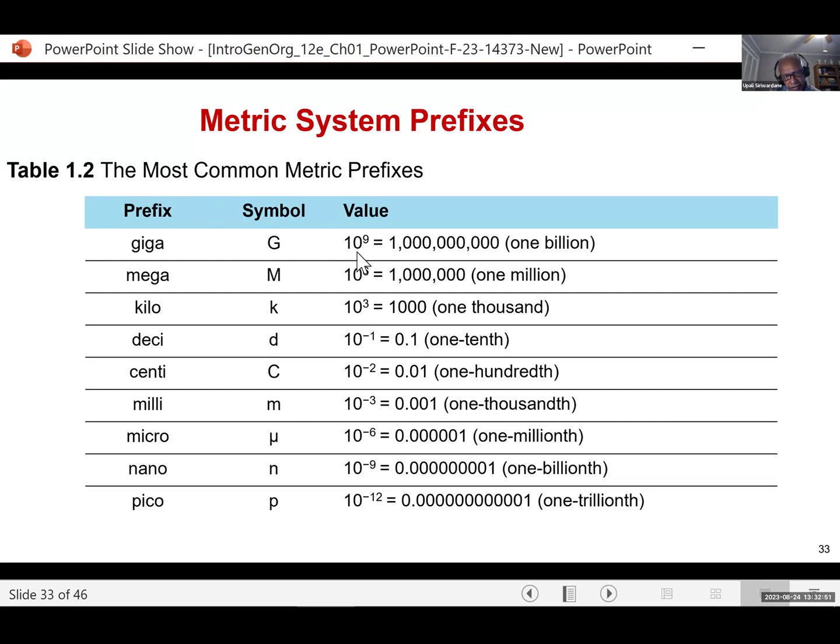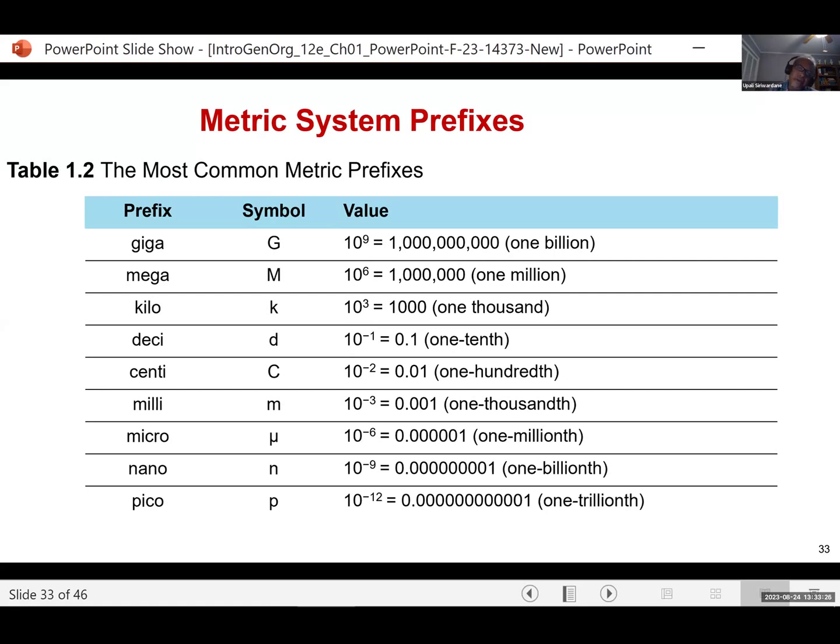You start with the bigger units here, 10 to the 9, and go down until the prefixes become pico. That's the smallest. For meters, if you are measuring length, a gigameter is much larger than a picometer.